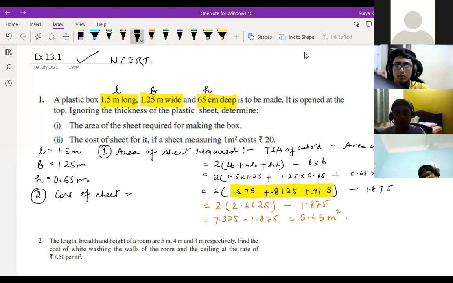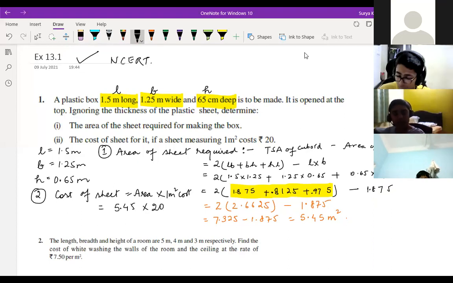Cost of sheet, you do 5.45 meters square times 20 rupees. So area into the cost per 1 meter square, correct? 5.45 into 20.